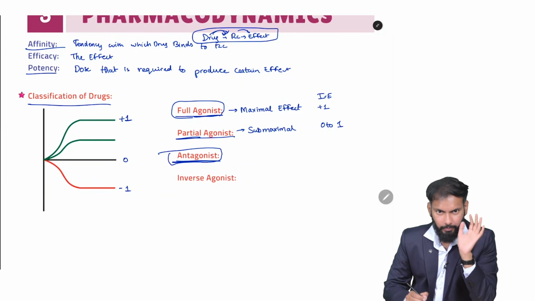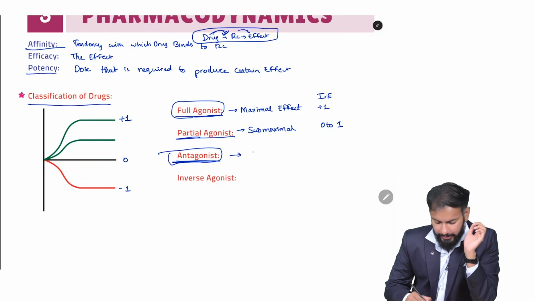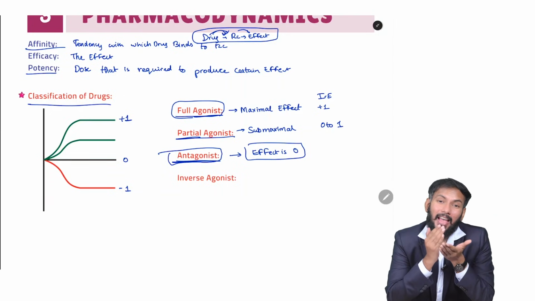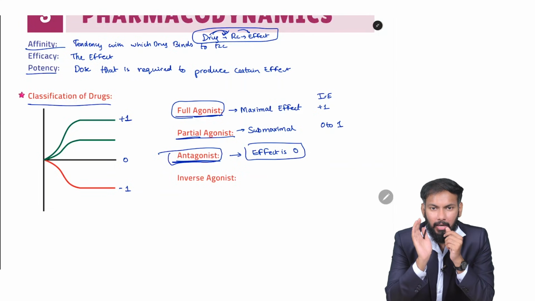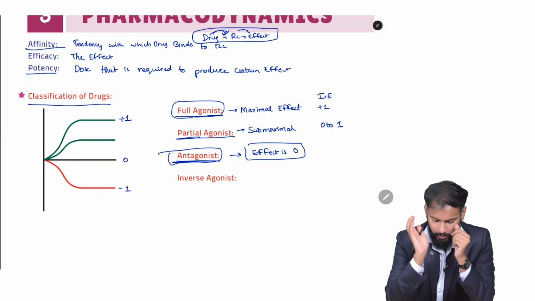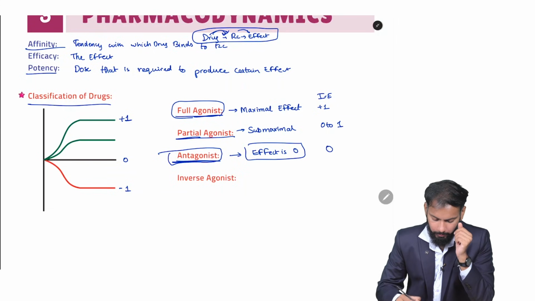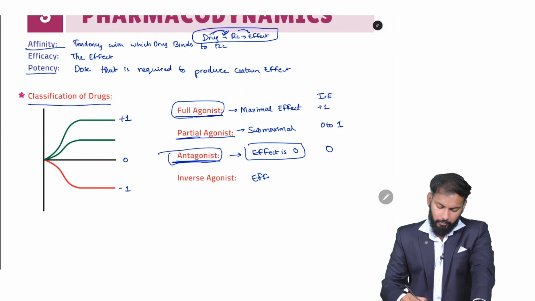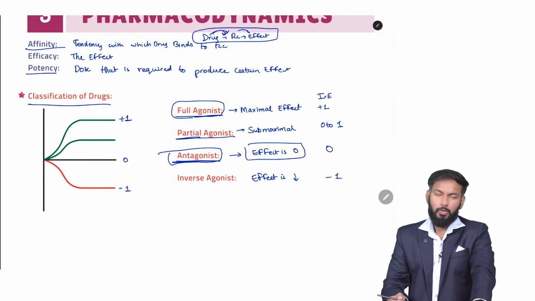Antagonist means its effect is 0, not reduced, its effect is 0. I am repeating it again, effect is 0. That is what is antagonist. Now coming to inverse agonist, its effect is reduced. That is -1. That's all.